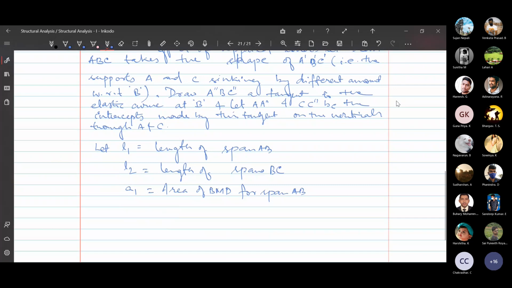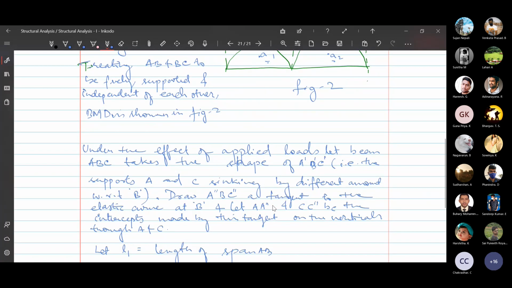And A2 equals the area of BMD for span BC, again considering it simply supported. Now what else do we need?